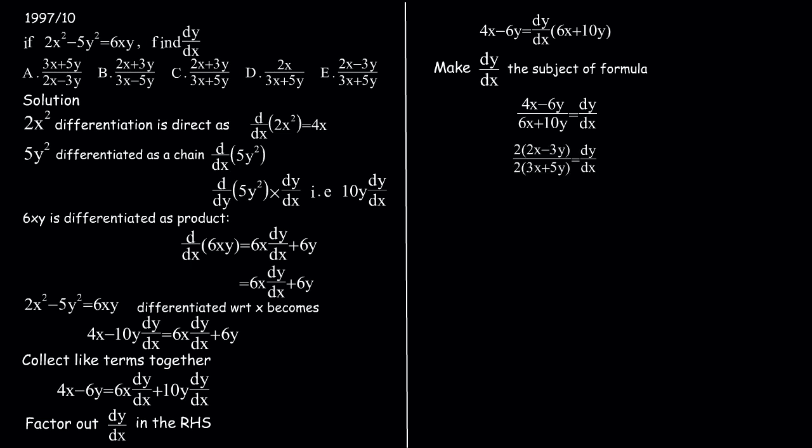So it becomes 2 in bracket 2x minus 3y divided by 2 in bracket 3x plus 5y will be equals to dy over dx. The 2 is going to cancel out and we are left with 2x minus 3y divided by 3x plus 5y is equals to dy over dx. So therefore, dy over dx is equals to 2x minus 3y divided by 3x plus 5y.